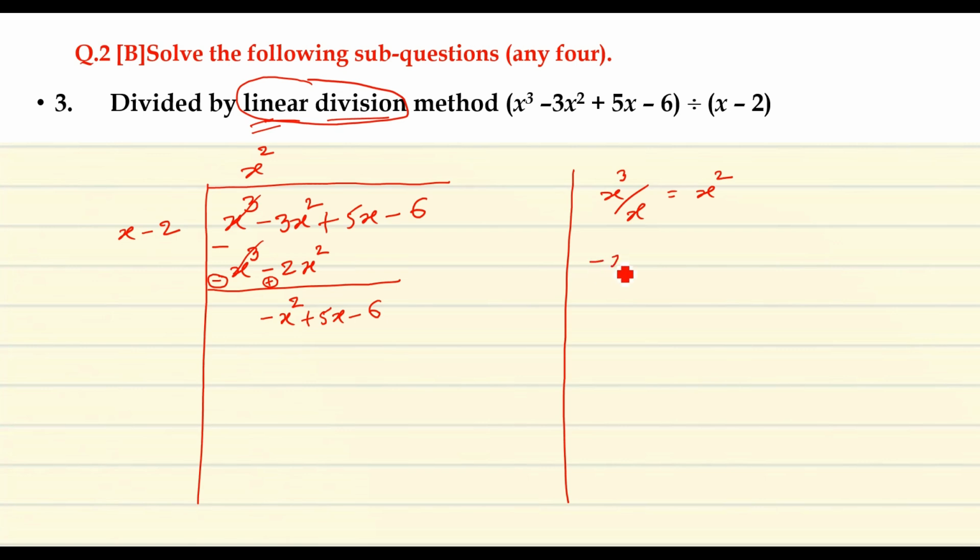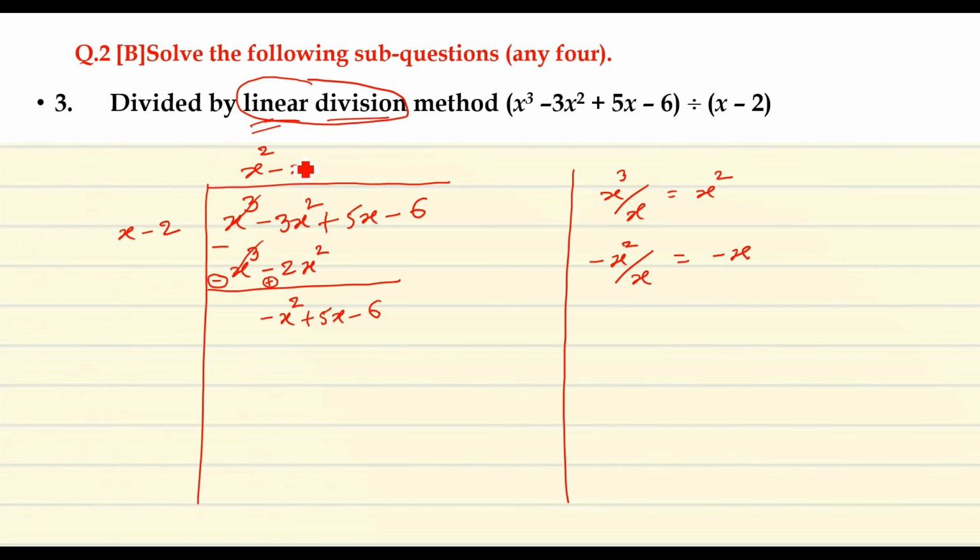So the next term will be minus x square, this is the first term, divided by the first term, that is x, and if you divide it, you get the answer minus x. So now in the quotient you will write minus x.